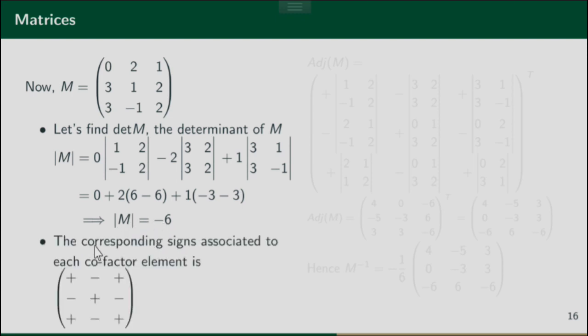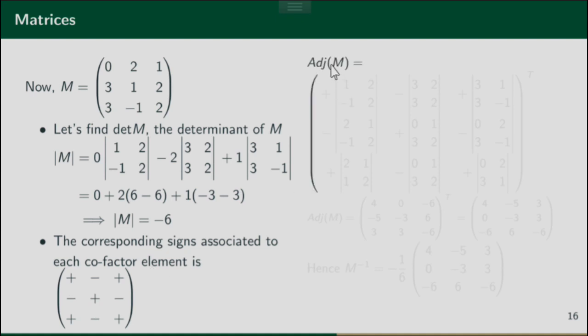We need to know the associated signs of each cofactor element. So in a 3 by 3 matrix, this is the convention. These are the signs that each cofactor is going to be associated with. So when you find the minor of each element, to obtain the cofactor, you have to multiply it by its associated sign.